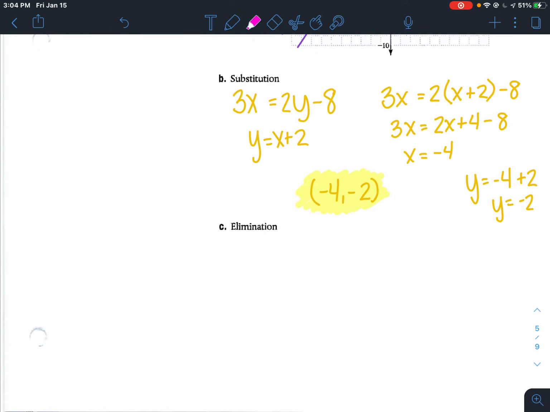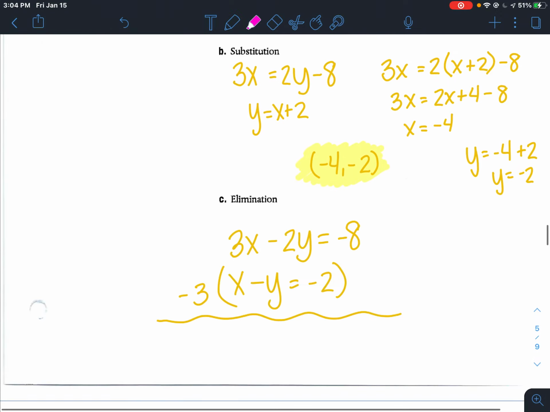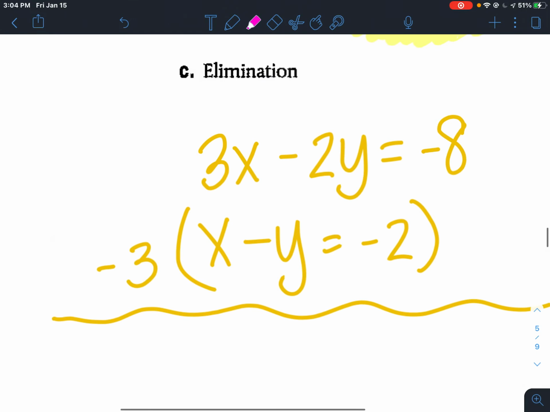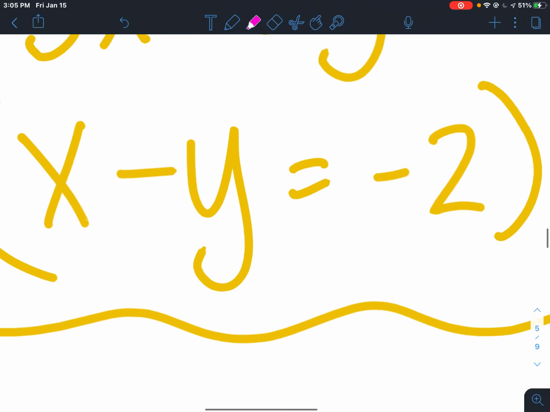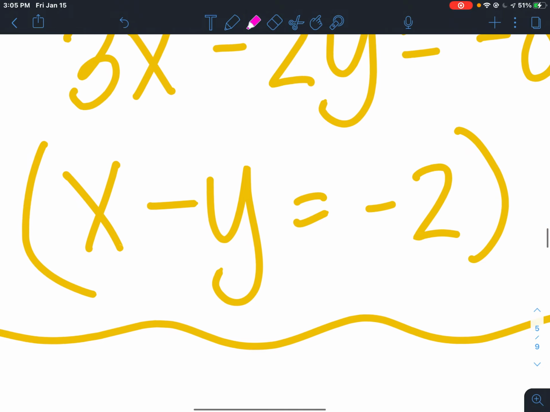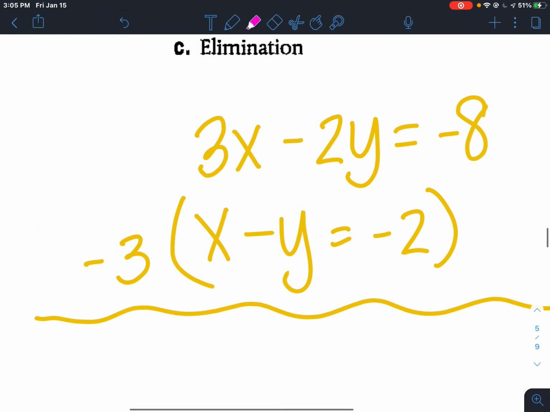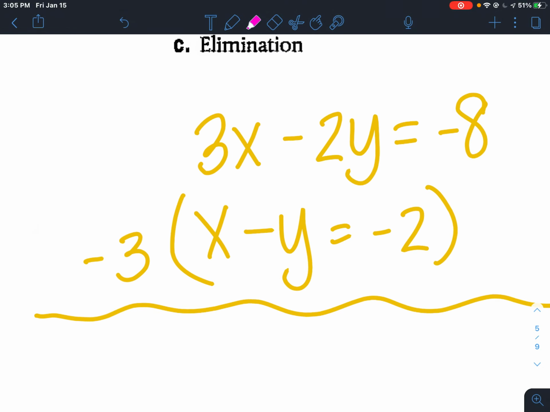All right, then elimination. I need to get the same number with opposite signs. So in this second equation, you could make the x negative 3 or make the y a positive 2. Whichever one you choose is totally fine. I just did the x's because it happens first, and the numbers were small enough that I didn't really care.